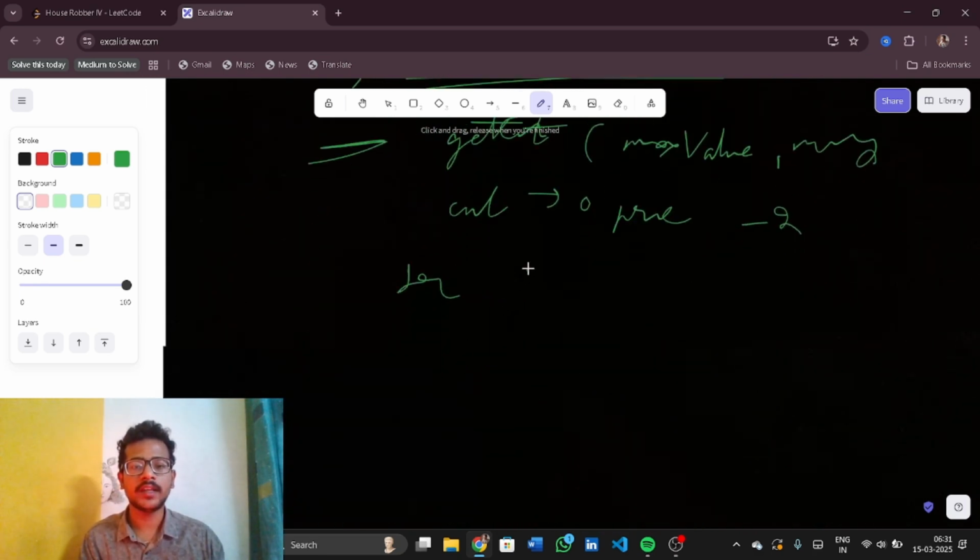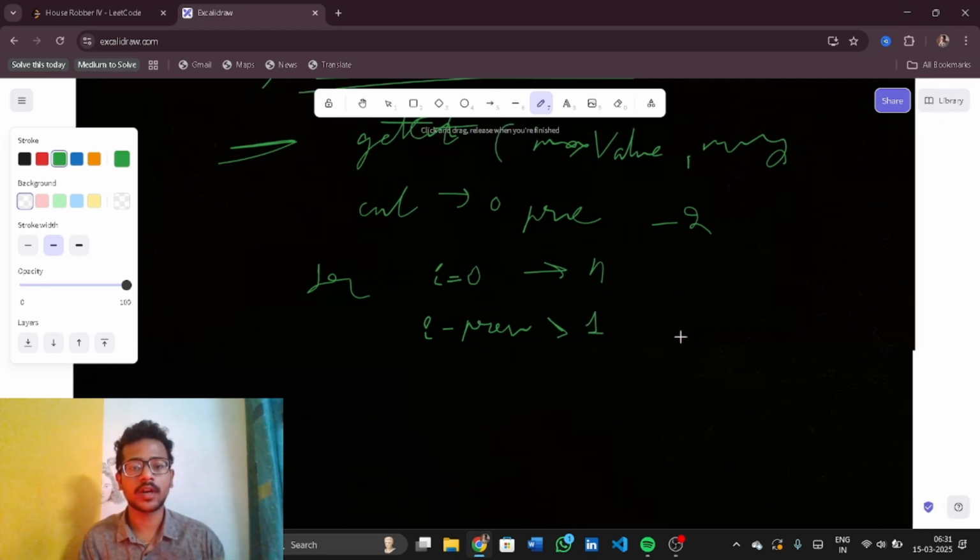So for i equal to 0 to n: if i minus previous is greater than 1, and another condition, the maximum value should be greater than or equal to nums of i.